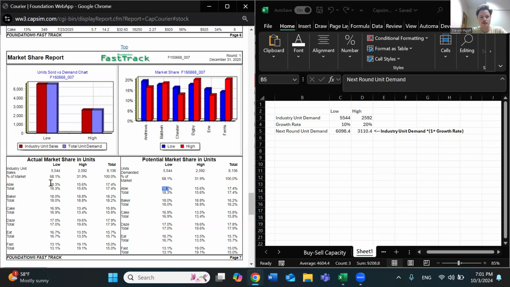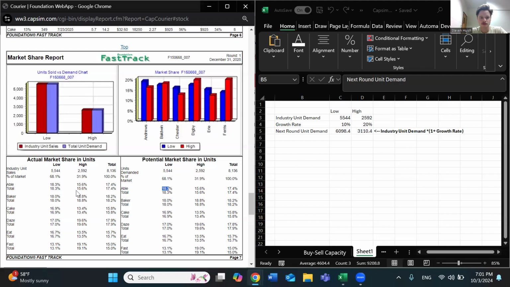And so your actual market share is going to reflect that you sold all 800 units, and if you use that number, you're only going to sell 800 again. Your potential market share, though, is going to tell you that you could have sold 1,000 units. And if you put that into the next round, then you are going to be a lot closer to your actual market share.